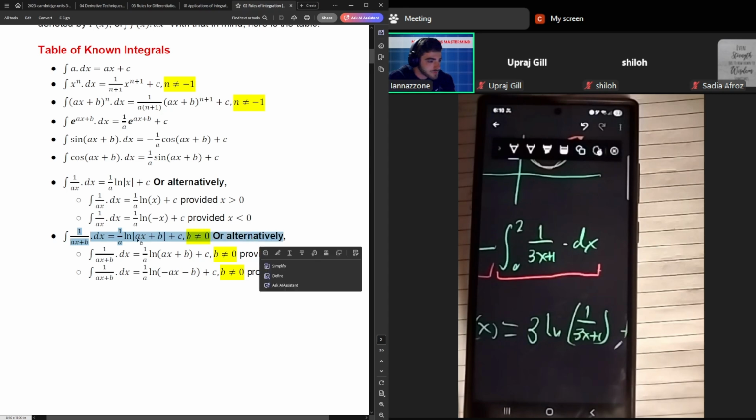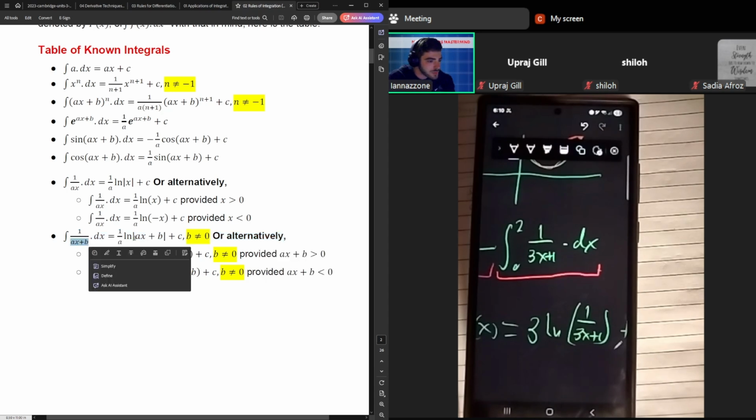Whatever the a value is comes out the front as a division, and whatever the linear was on the bottom is the linear inside the brackets of that logarithm. Now you can use these vertical lines if you want, although because we already know our domain is entirely positive, from 0 to 2, you can actually use these rounded brackets and still be correct. Although I find the vertical lines easiest because that way you don't have to think very hard at all.